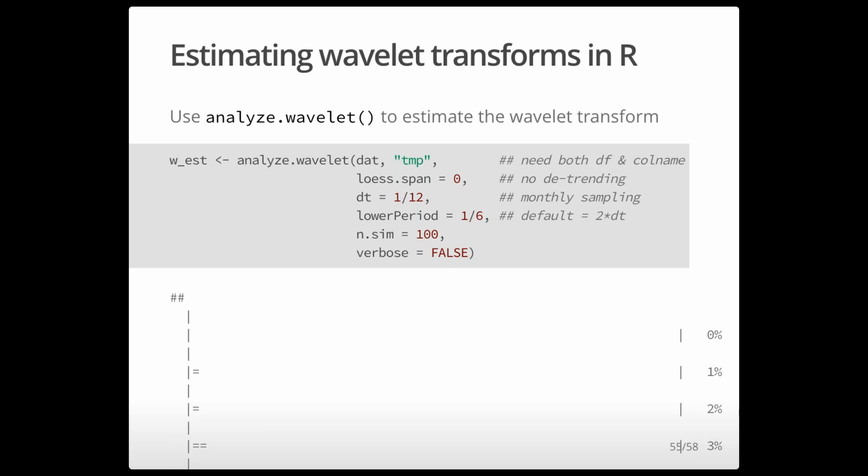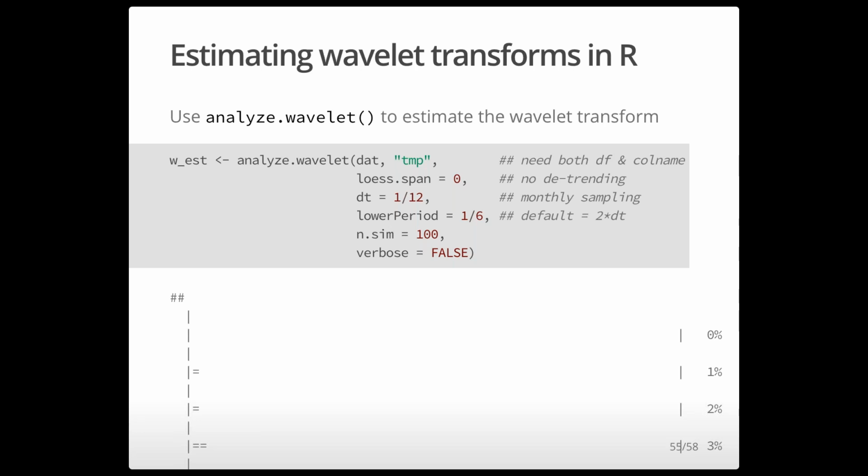There is a default for the lower period, which is 2 times this value. What this lower period is, you can think of as the window. So you have a time series. We're going to cut it in half and essentially pass that wavelet through half of it. Then we're going to cut it into fourths, pass it through those, then cut it into eighths, pass it through that, et cetera.